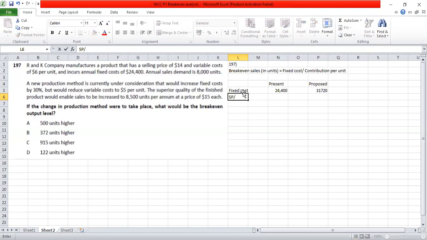Selling price per unit is 14. Variable cost per unit is equal to 6. So contribution per unit is equal to, break even point in units.